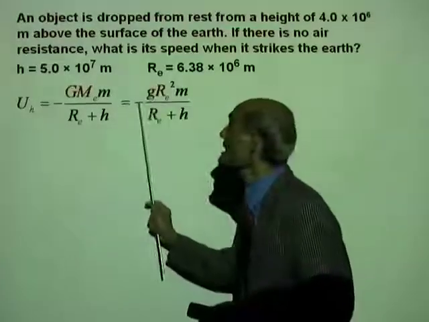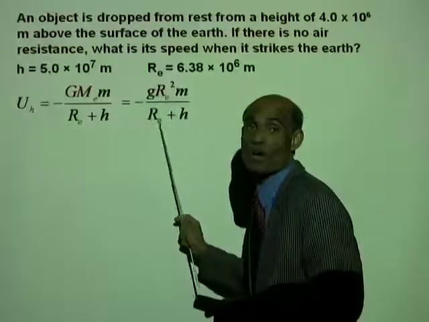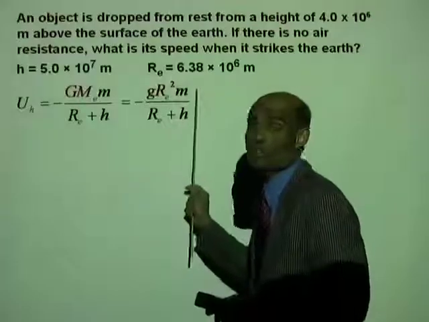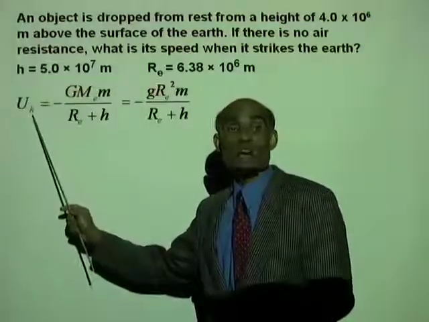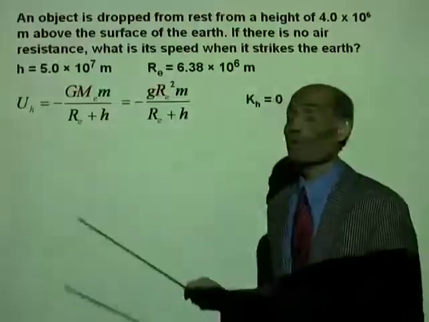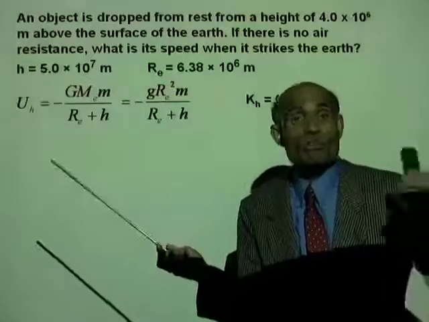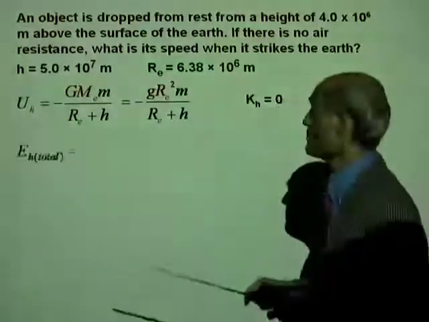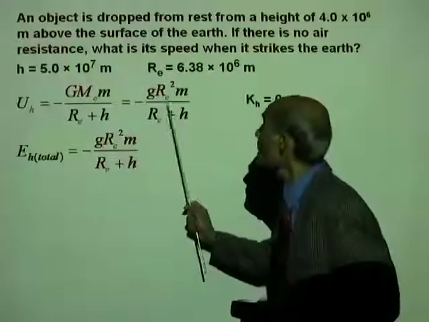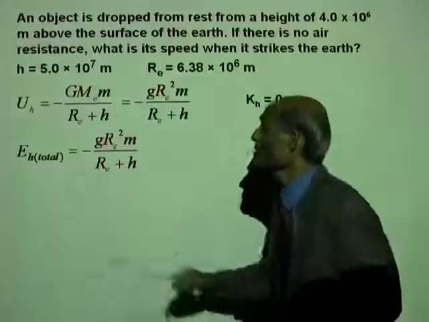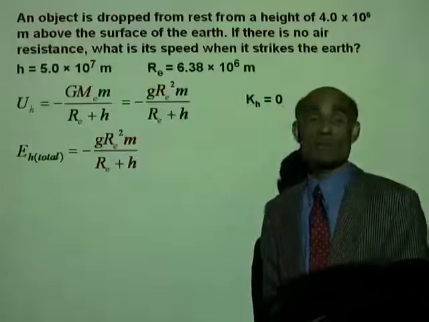So that will be negative small g RE squared m over RE plus h. This is the potential energy of the object at the height h. What is its kinetic energy at that height? It is 0. We are dropping it from there. Therefore, total energy at that height is simply this value, negative g RE squared m over RE plus h.